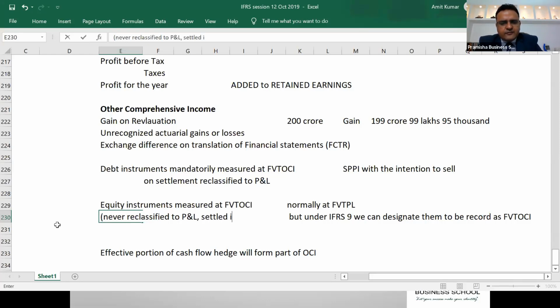Even on settlement of these equity instruments which are designated at fair value through OCI, the amount can never go to P&L because they are equity instruments. You can show the gain or loss or difference directly as part of equity, no requirement to show it as part of P&L.